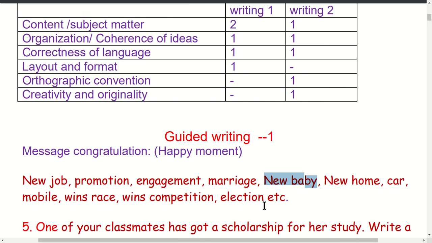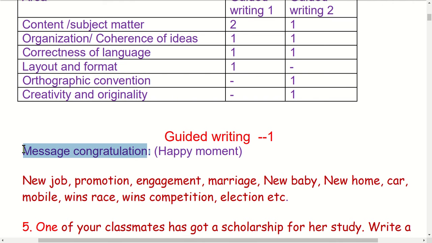In such situations, you have to write a congratulation. This is a formal message of congratulation. A message of congratulation is composed to be published in a newspaper, for example Rising Nepal, the Gorkhapatra, the Kathmandu Post, the Himalayan Times.